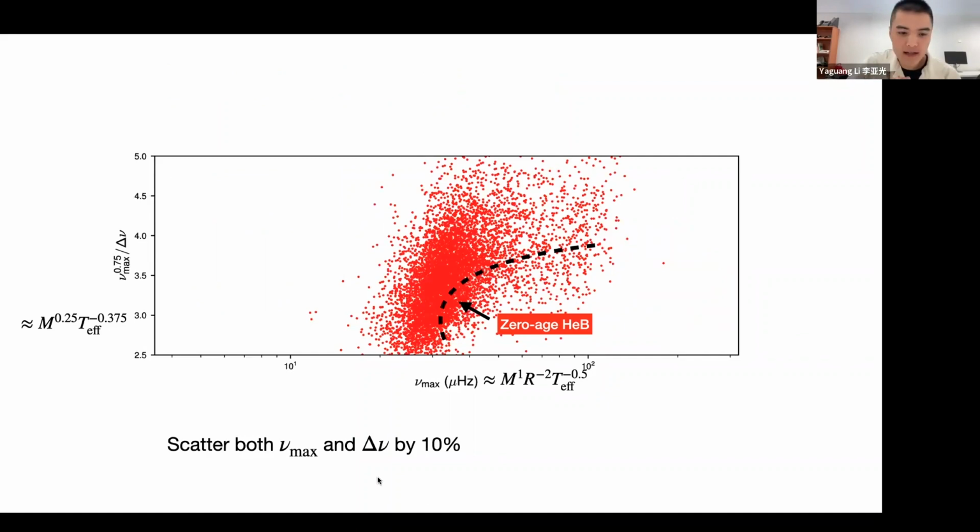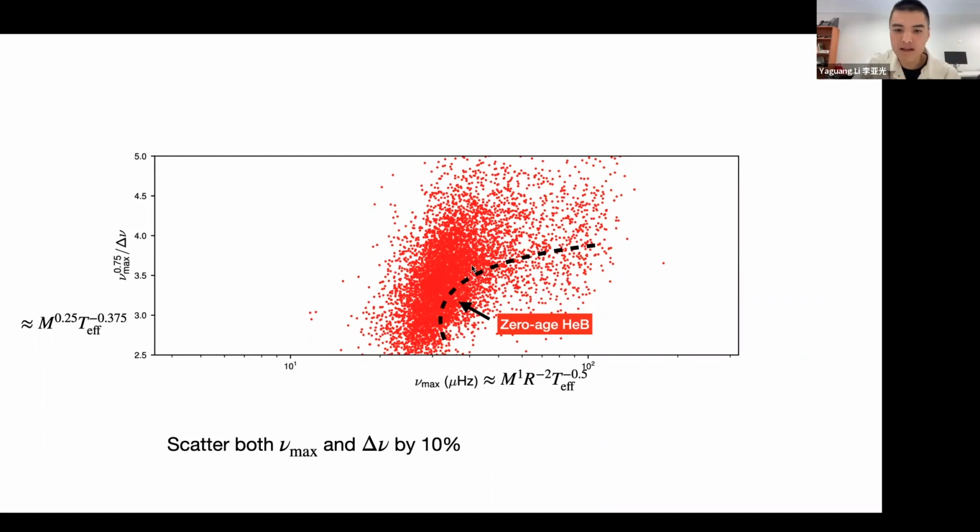If we add some scatter to both delta nu and nu max, scattering both quantities by 10%, what we get is a very smeared feature. You can't basically see any kind of feature, and the zero-age helium burning phase will not be as sharp as we saw earlier.